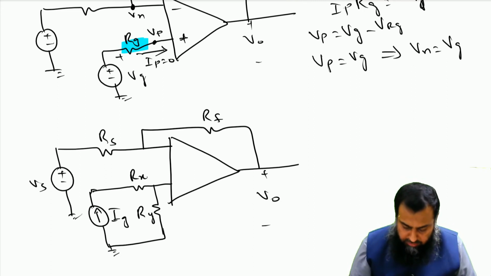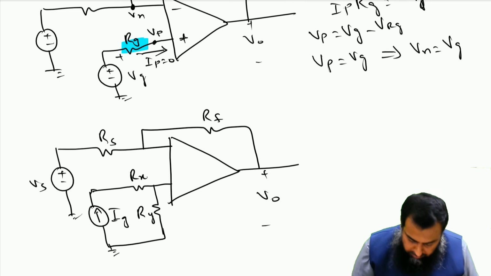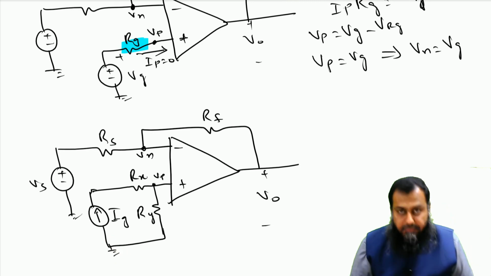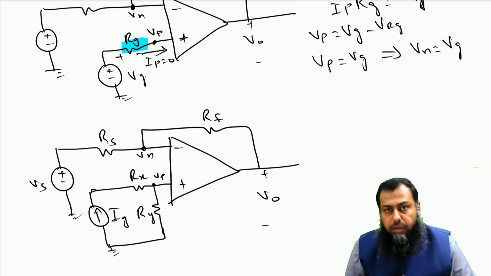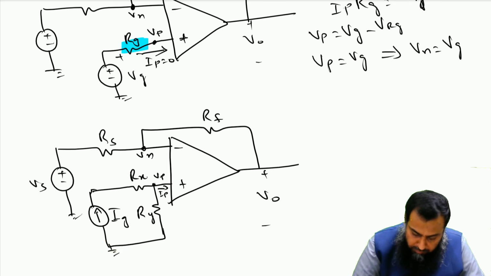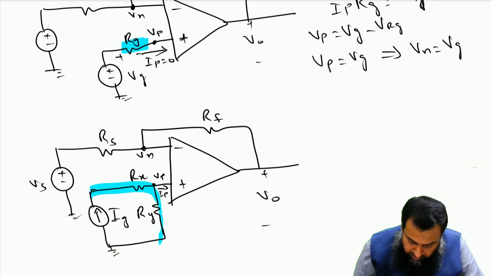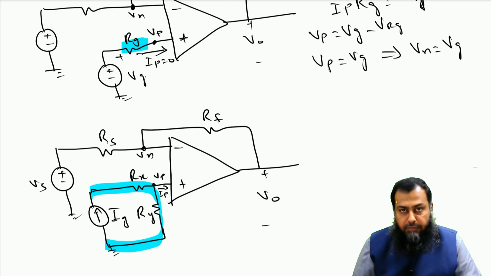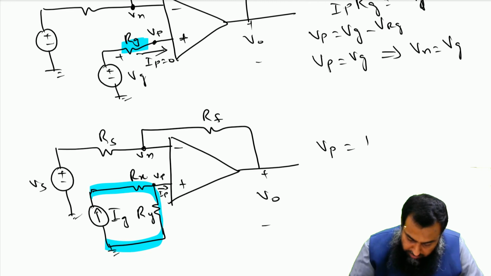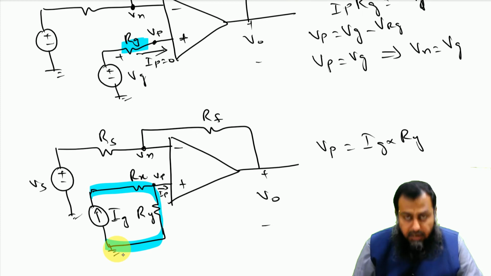Let us draw another circuit and see what the value of Vp is. Notice here, this is negative, this is positive, so this is Vn and this is Vp. The value of Vp is not 0 in this case, because even if there is no current Ip here, this current source has a loop to flow through this Rx and Ry network. So the voltage Vp is equal to Ig times the resistance Ry, which is connected with the ground terminal.